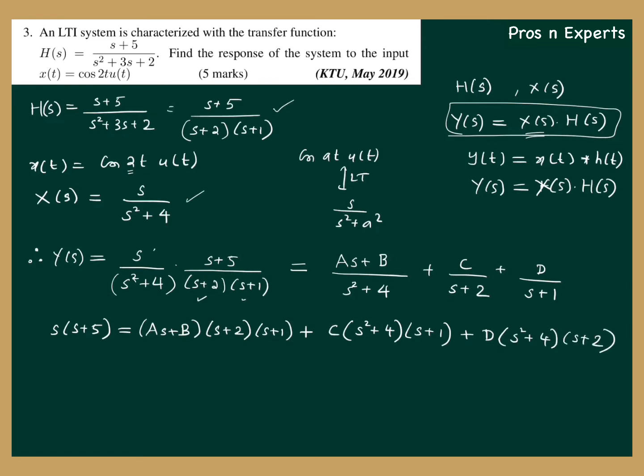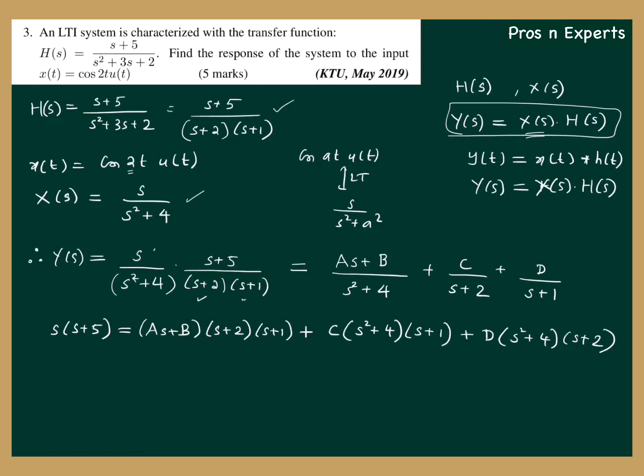That's what you will get. These values A, B, C, D are introduced by ourselves, so we have to find the values of these constants without changing the value of the expression.